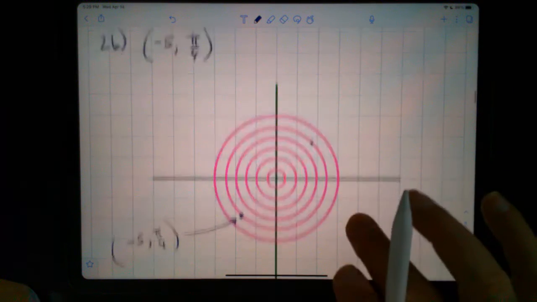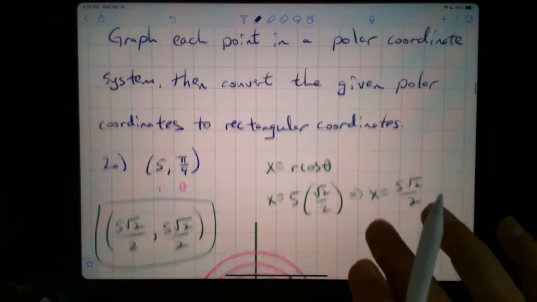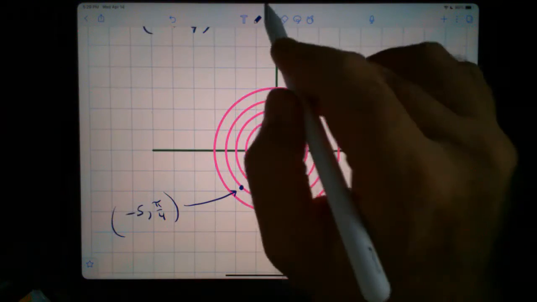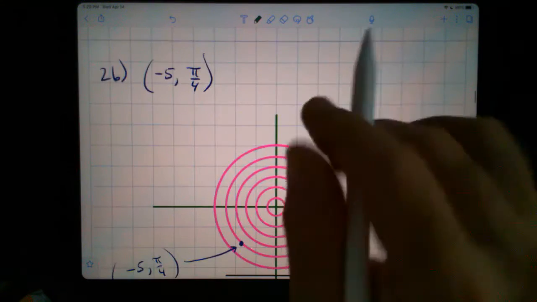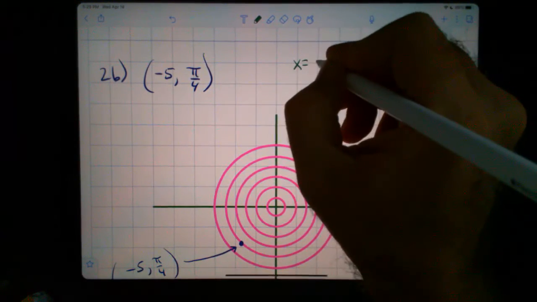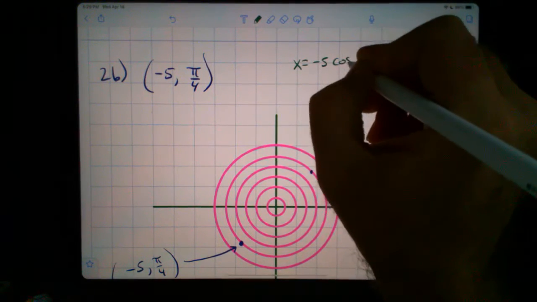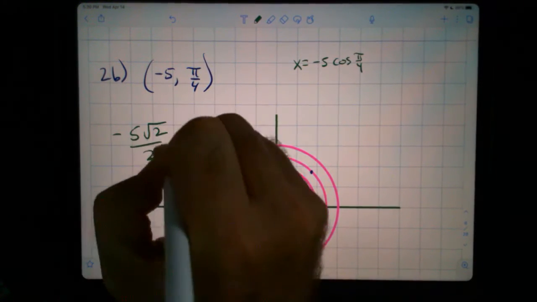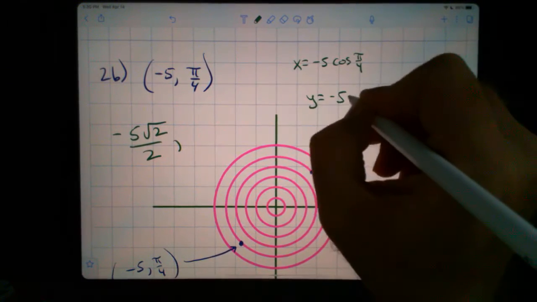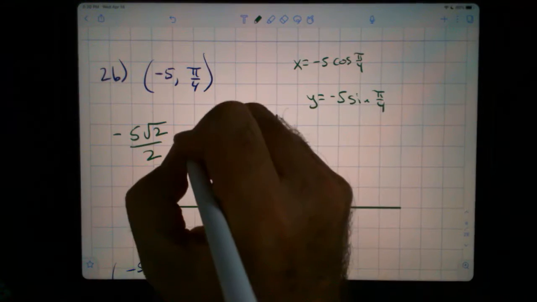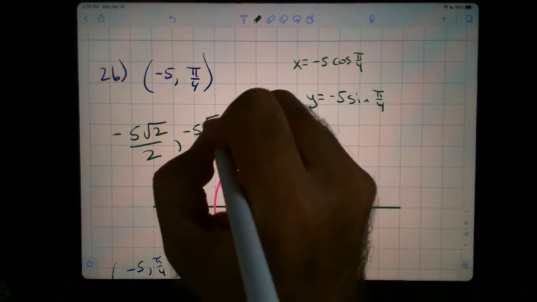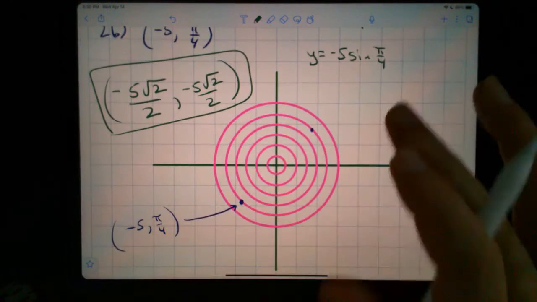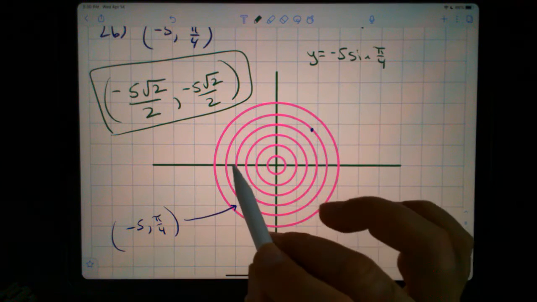And then convert the given polar coordinates to rectangular coordinates. And sure enough, it is negative x, negative y.